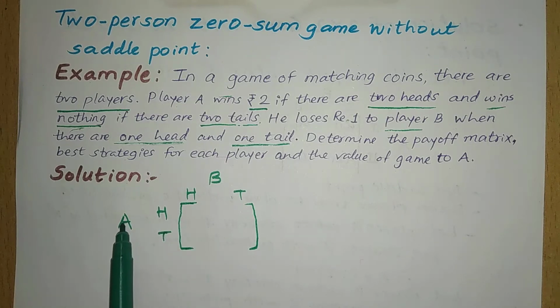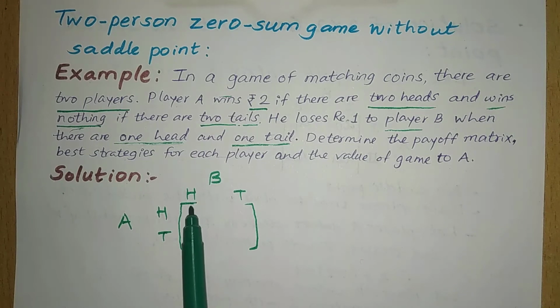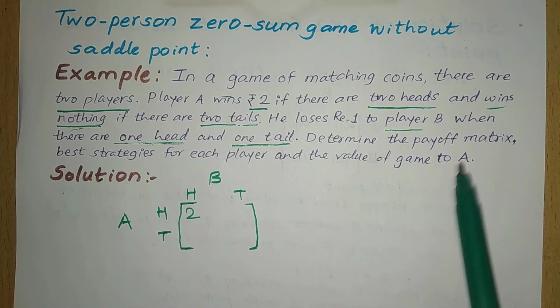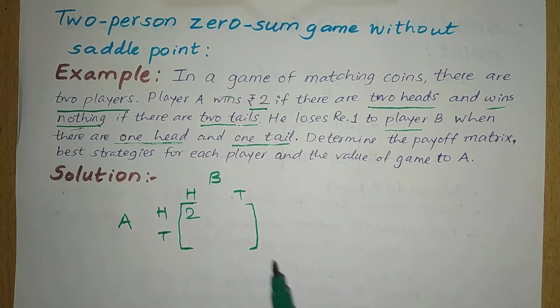If player A tosses the coin and gets the head, and player B also gets the head, then player A wins rupees 2. His gain is 0 if there are two tails.